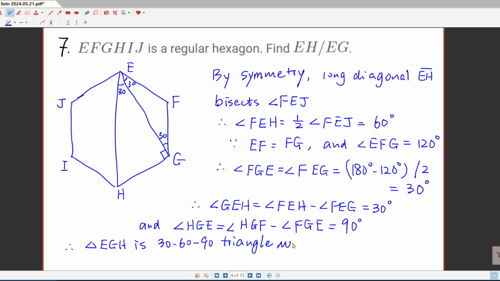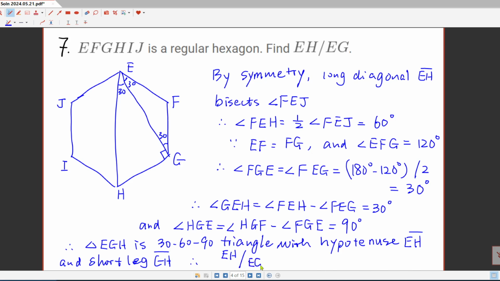With hypotenuse EH and short leg GH. And in that triangle, we can easily find the ratio between EH and EG, right?